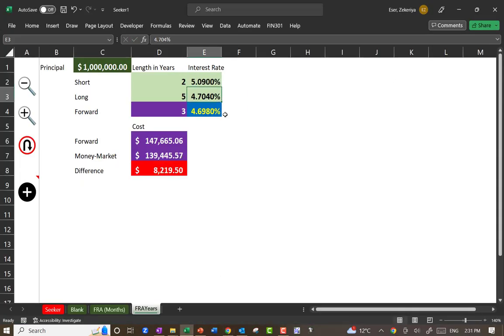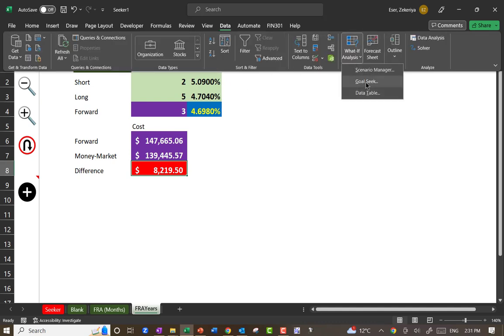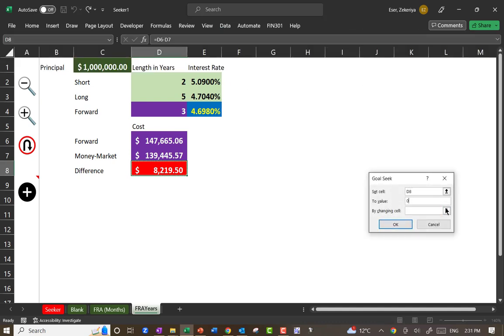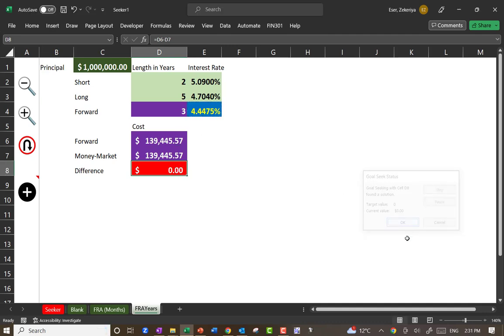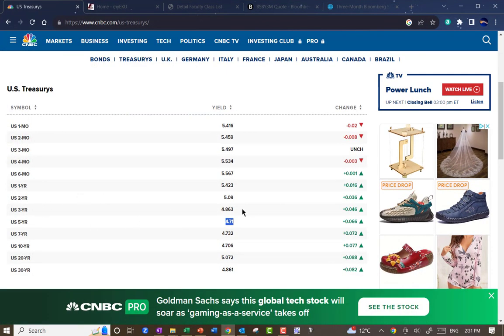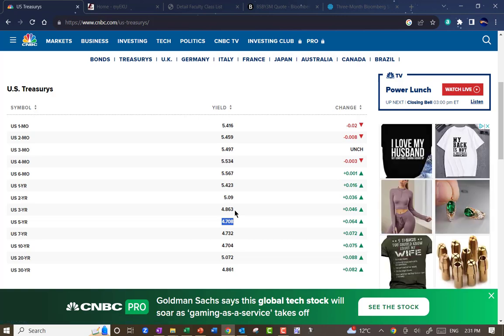You obviously know that the market thinks the 3-year rate is going to be lower. So that would be 4.44. The current 3-year rate is 4.86. So the market is thinking that in 2 years rates are going to be lower. That's kind of the interpretation of that.